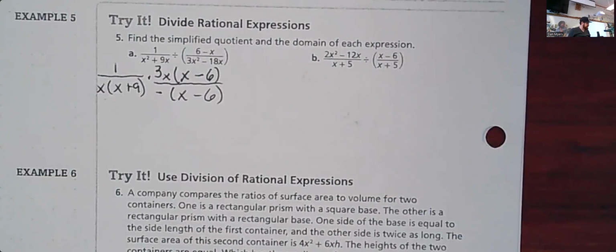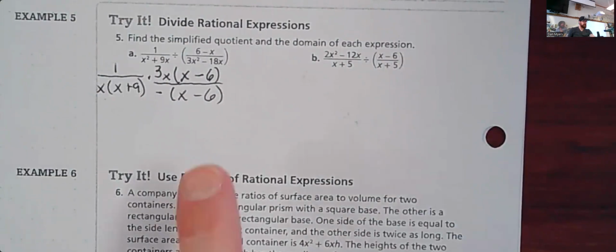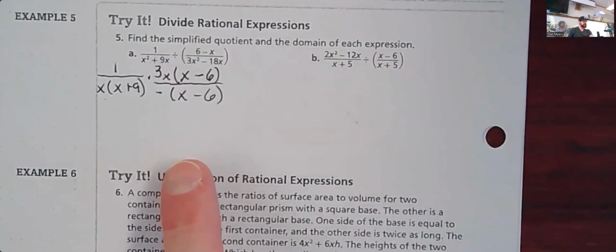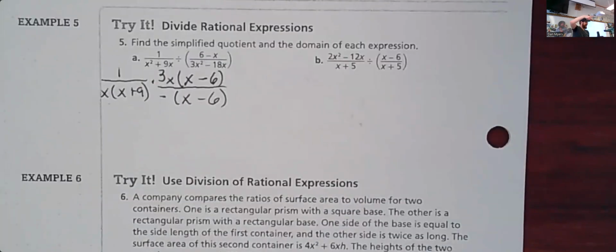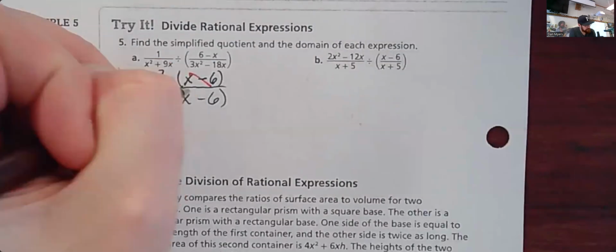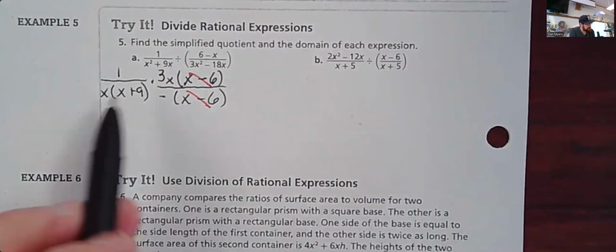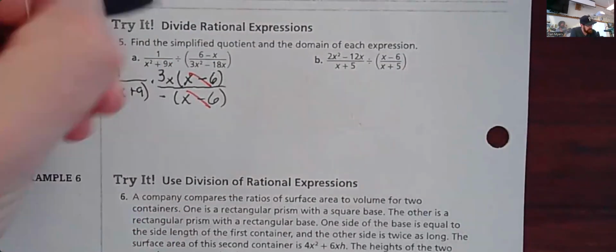And then in terms of what cancels out, any questions about how we got from here to here? First of all, quite a few things changed. We changed the division to multiplication. We took the reciprocal and factored it all in the same step. Everybody okay with that? Cancel out the x minus 6s. Those will cancel out for sure. The 3 up here won't cancel out with anything down there, but the x's will cancel.